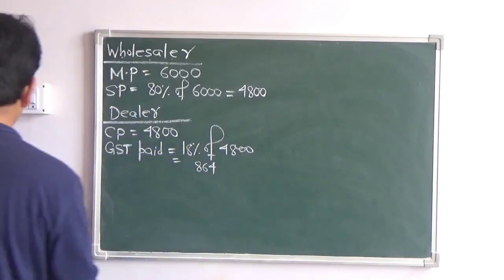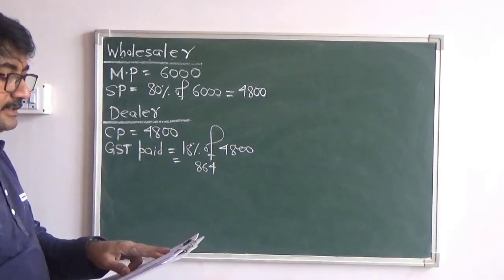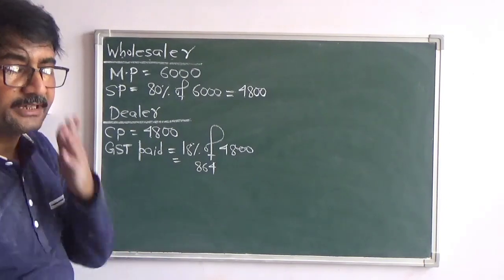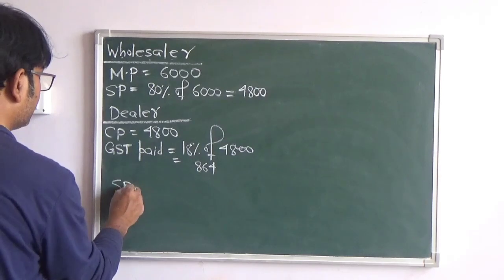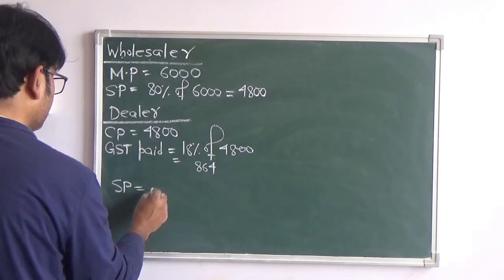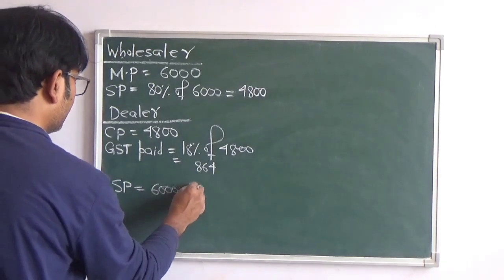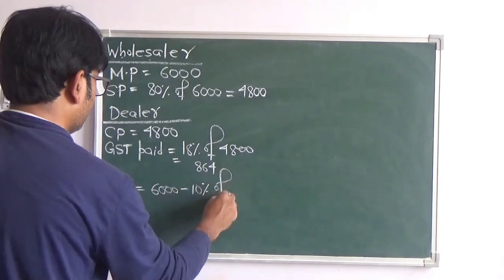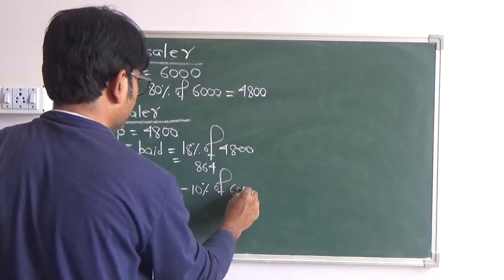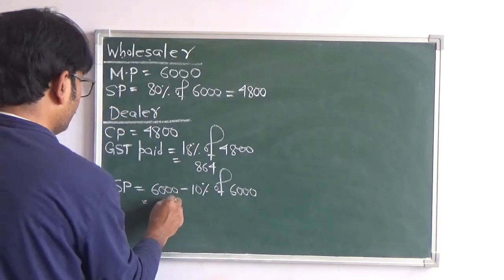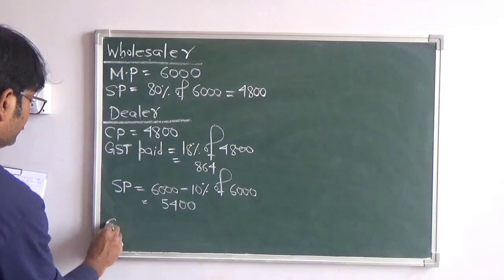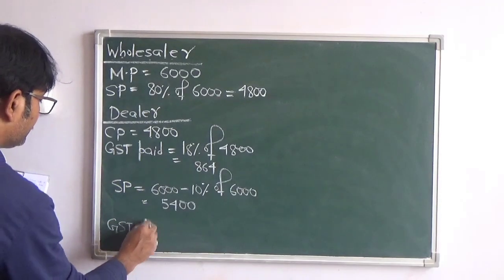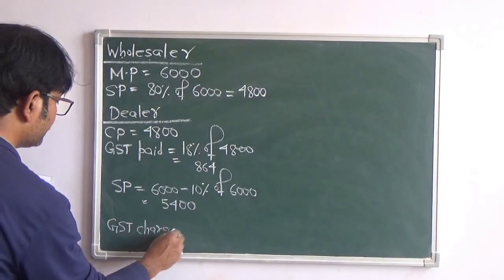Now he sells the article. The dealer further sells the article to a customer at a discount of 10% on the mark price. So what is the selling price for the dealer? The selling price is 6,000 minus 10% of 6,000, and that is coming to 5,400. So what is the amount of GST charged by the dealer?